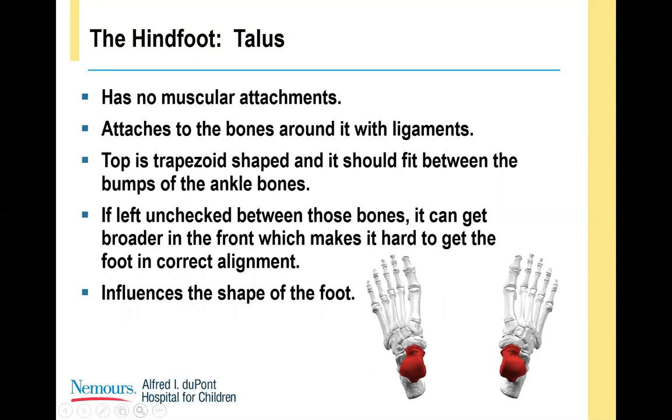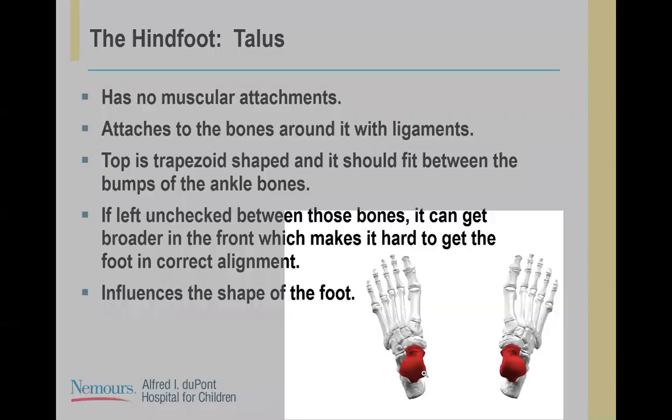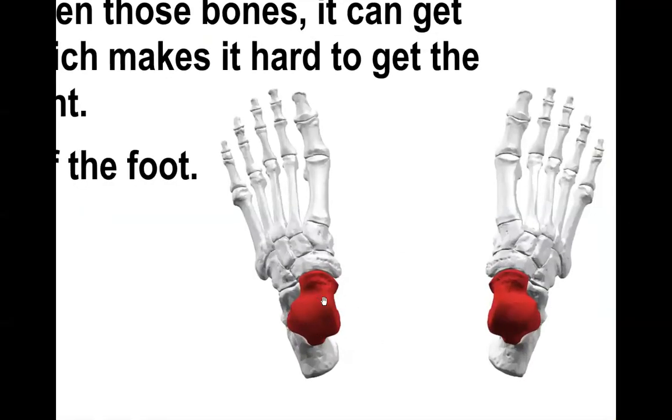Let me see if I can make this bigger so we can talk about it a little more. It has a trapezoid-shaped top, and either side of it should fit between the lumps of the bones of your ankle. If it doesn't fit in there and is left unchecked, the front of it can get wider than the back of it. It will continue to grow while the person grows.